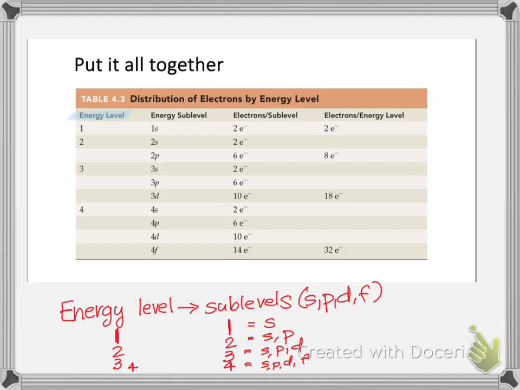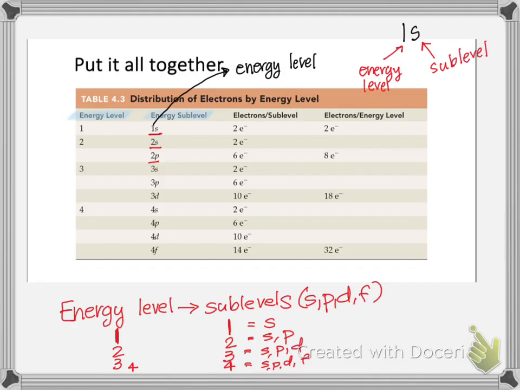So let's look back at the chart. Okay, so here are the energy sublevels. And notice they write it, so there's 1S, and then there's 2S, 2P. So here's something we need to know and notice, that the number in front of the letter is the energy level. So if I have a 1S, this is energy level 1, and that is the sublevel.